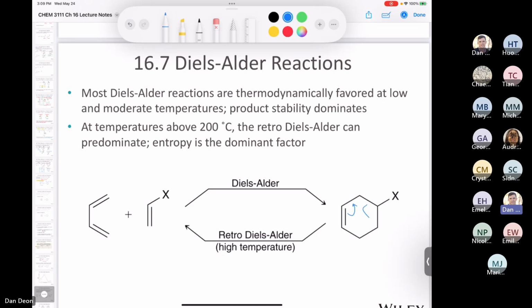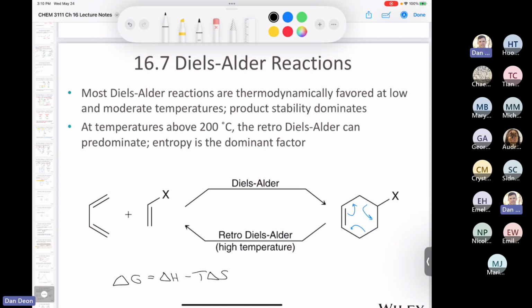So it goes backwards, and you go back to your starting material, and you're like, well, that's kind of crazy. You heat the reaction at moderate temperatures, you get the product, then you turn the temperature way up and it goes backwards. It does, and there's a really good reason for that, and it's based off of everybody's favorite concept, the old delta G. Delta G is equal to delta H minus T delta S.